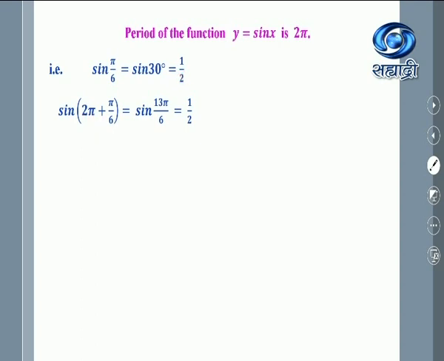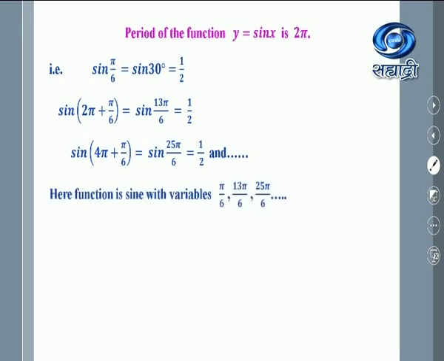If I add the bracketed quantity, then you have sine 13 pi by 6. With the rules of allied angles, sine of 2 pi plus pi by 6 is again sine of pi by 6. Similarly, we have sine of 4 pi plus pi by 6. Let us add this. You will get sine 25 pi by 6, which is again half. You may use the rules of allied angles or the periodicity.